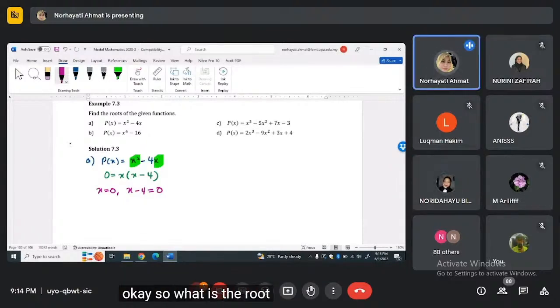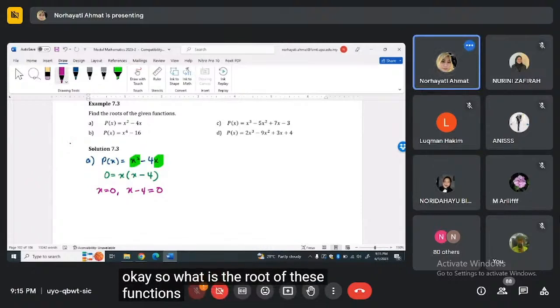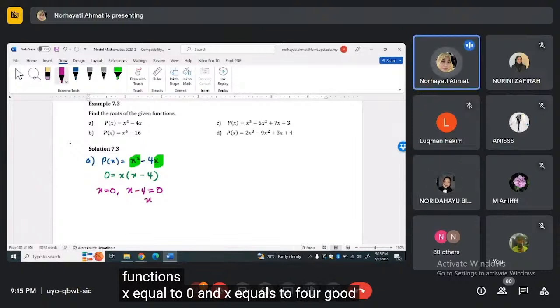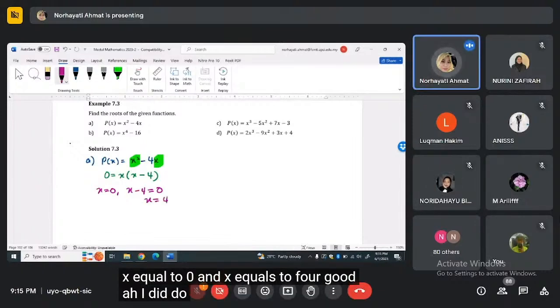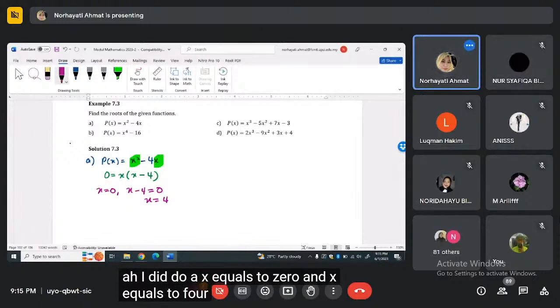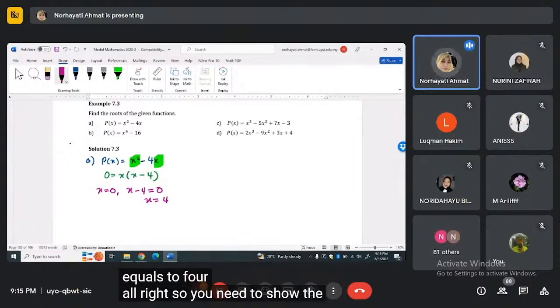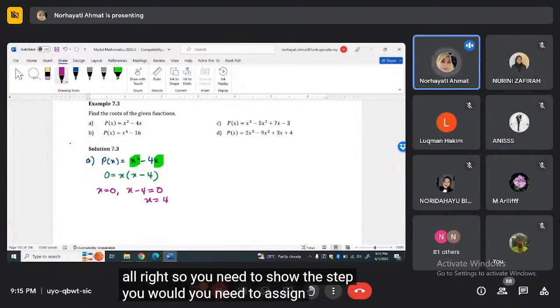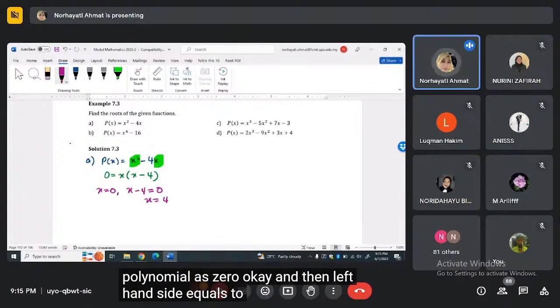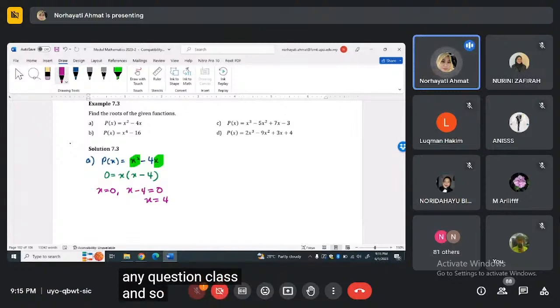So what are the roots of this function? x equals 0 and x equals 4. Good, there are two. So you need to show the steps: assign the polynomial as 0, then left hand side equals 0, and then you need to factorize. Any question class?